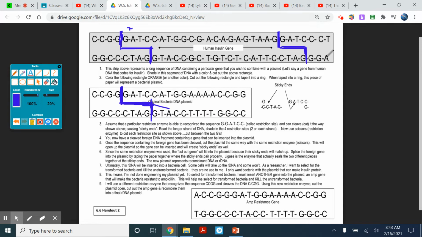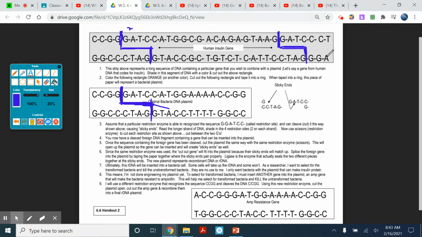Now, we're not done engineering this plasmid. We have to put another gene in here that's an incredibly important gene. It seems counterintuitive, but in addition to making human insulin, we're going to give these bacteria another trait: a certain antibiotic that will not kill them.